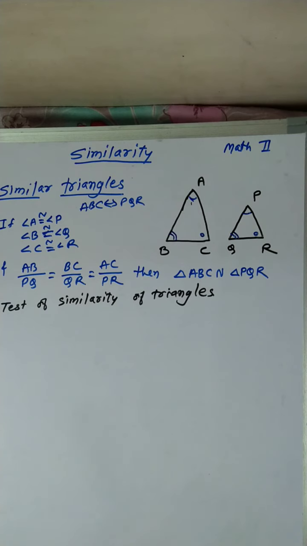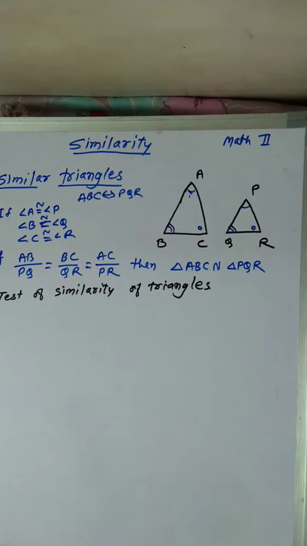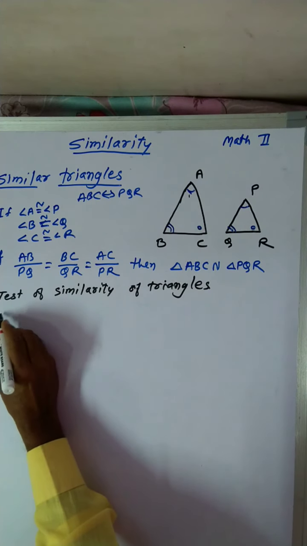But here we do not need all six conditions satisfied. If only 3 conditions are satisfied, the other 3 conditions get satisfied, and those 3 conditions are called the test of similarity. The first test is the AAA test.